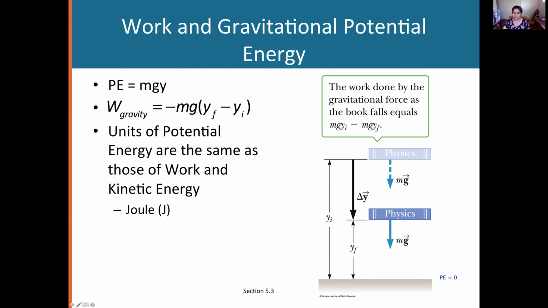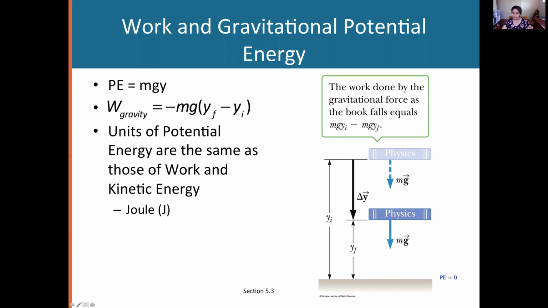So if that height is some final y, with yi as some initial position, then we have done work against this gravitational force, which is mg, and we have lifted it a distance of y. So mg times y is going to be the amount of work that we need to do to lift this book.